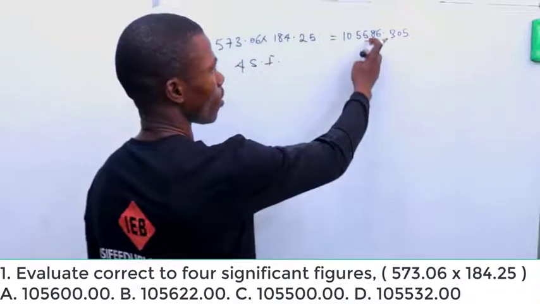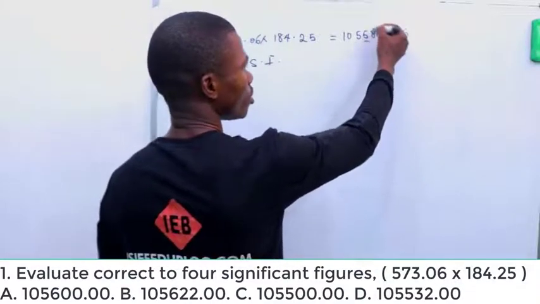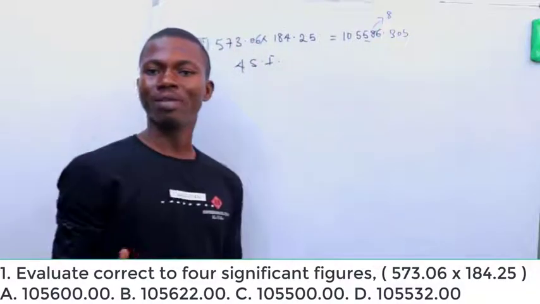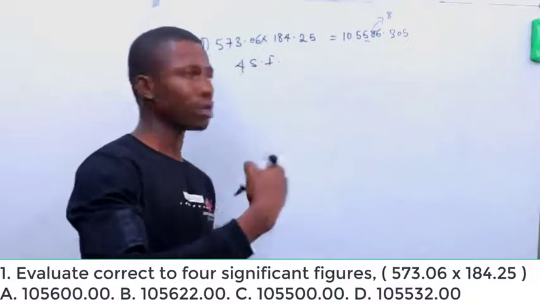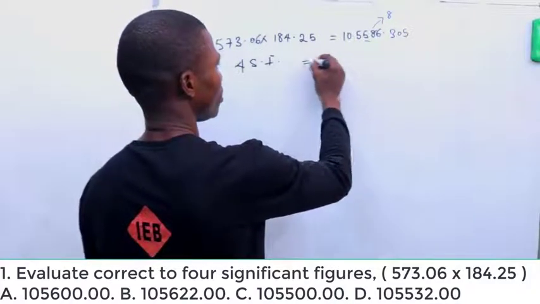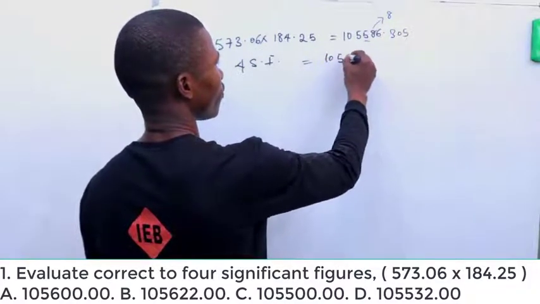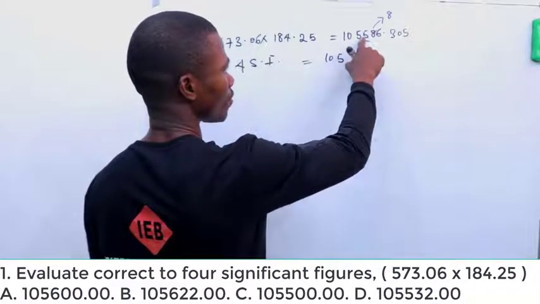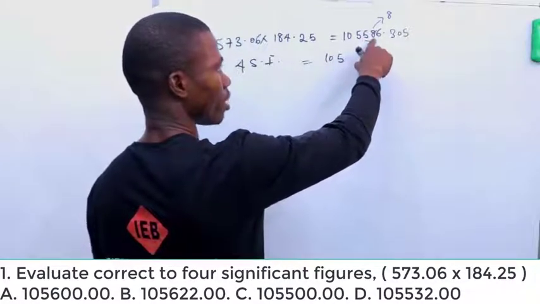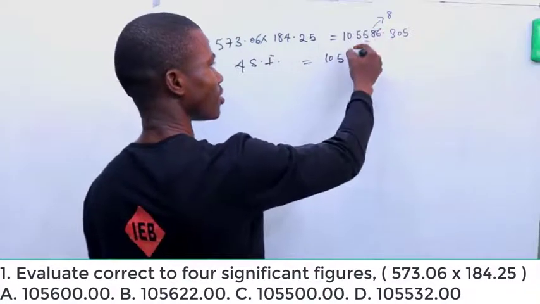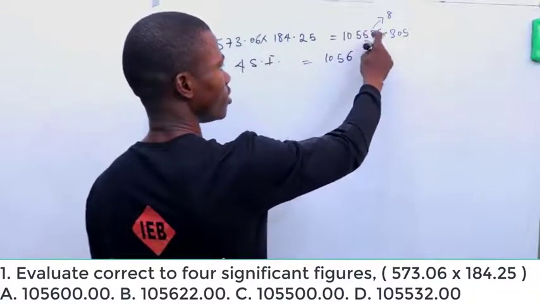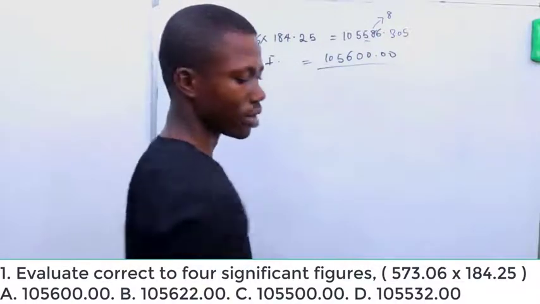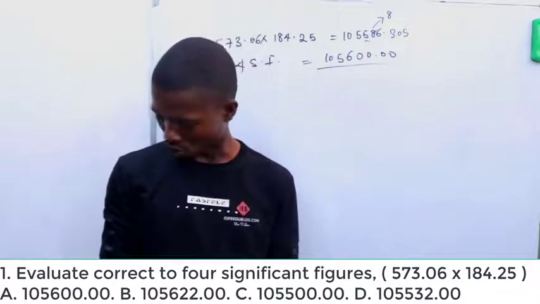The number after this counting is 8, and once the number is above 5, we round up. So this 5 becomes 6, and our answer is 10,590. So let's check the options; that is our answer.